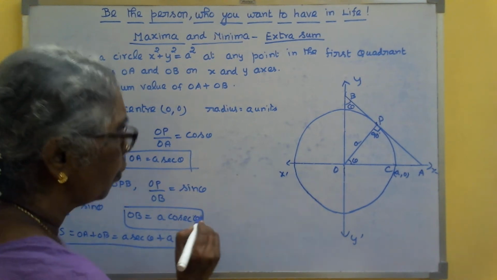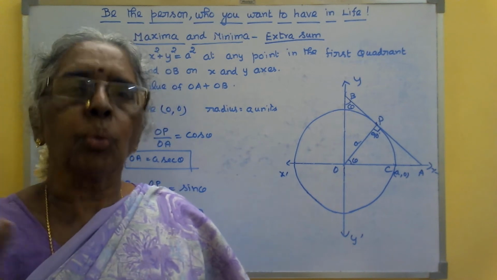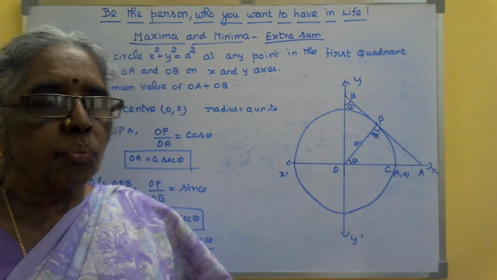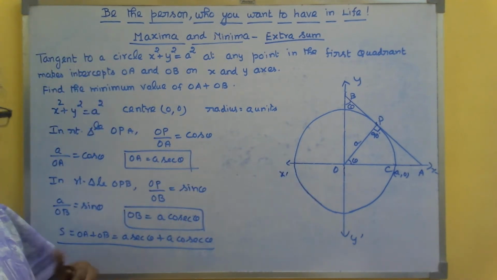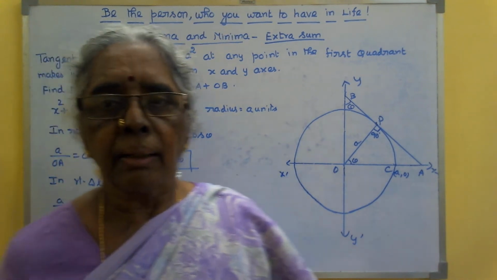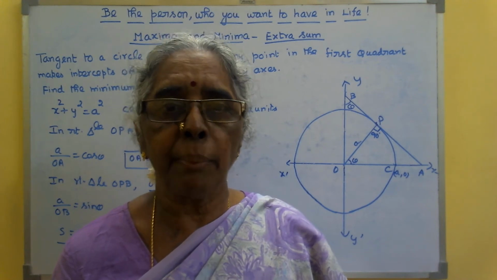Okay, this is what we have to find the minimum value for S. You want it to be minimum and you want to find the minimum value. So are you clear about what is OA, what is OB and what is S, which is OA plus OB? Okay, now we will proceed to the concept of maxima and minima and find the minimum value.